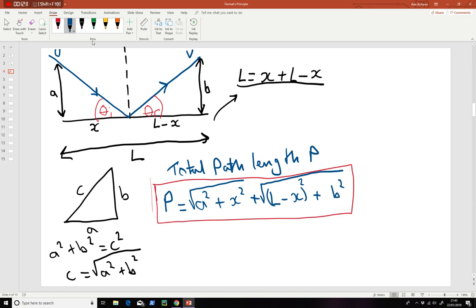If I define my coordinates as x horizontally and y vertically, in order to find out how this path changes, I am going to find the rate of change of this function with respect to x, the horizontal distance.